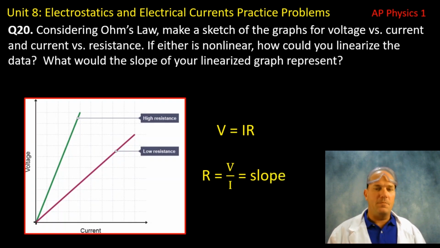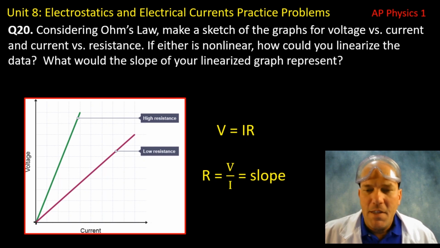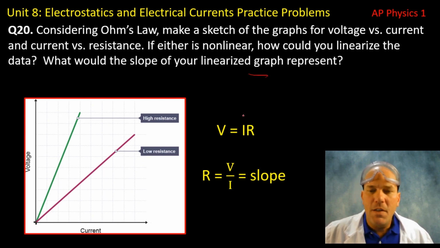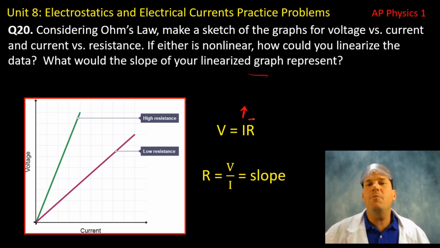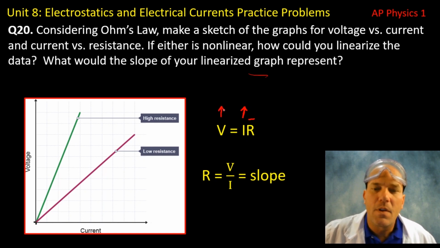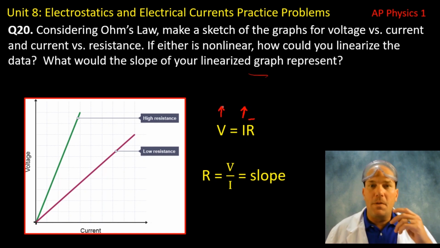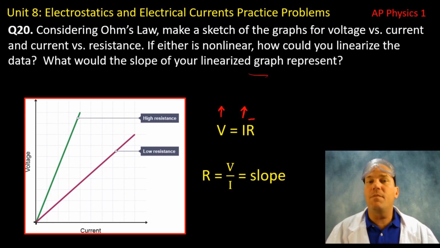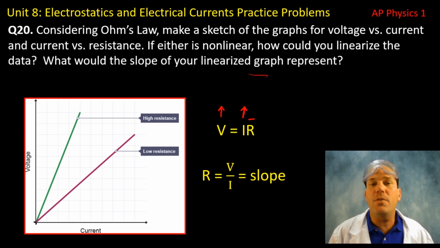Okay, so here, let's take a look at this graph. Here, voltage versus current. We'll look at Ohm's law equation. As the current increases, if resistivity remains constant, what must be happening to the voltage? It must be going up. If the current increases and the resistivity is constant, the voltage increases.